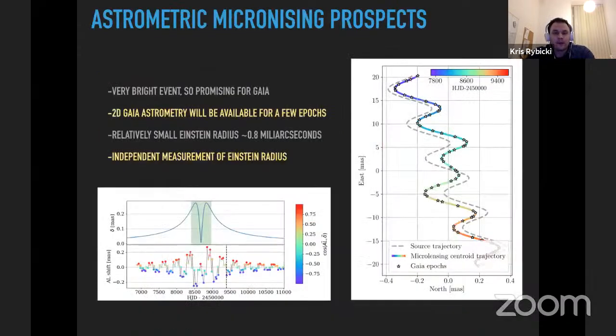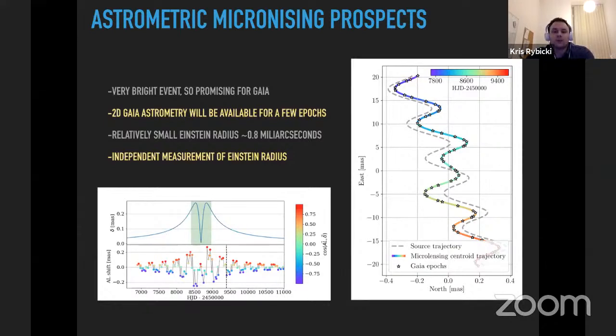And the last thing I wanted to mention is that thanks to the fact that the event was extremely bright, what is related to the question of Marcus, we hope to actually see the astrometric microlensing deviation in the last data releases of Gaia.